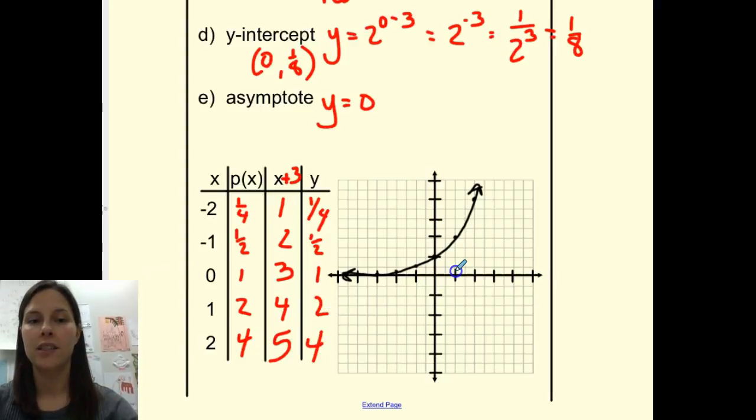Plotting those new points on our graph, we have 1, 1/4, 2, 1/2, 3, 1, 4, 2, and 5, 4. We also had our y-intercept at 0, 1/8, and that horizontal asymptote at y equals 0.